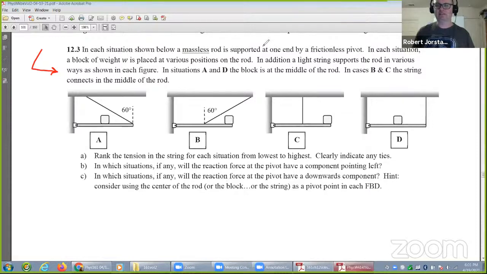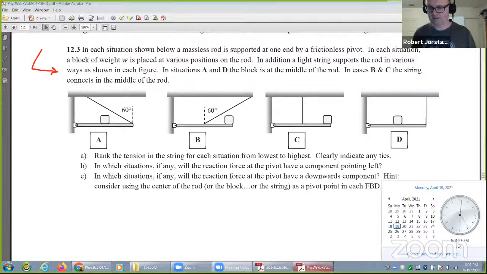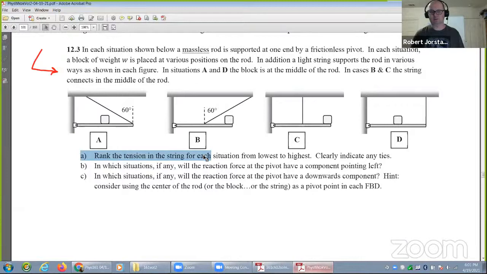So I want you to take a second, read this question, and on my clock it says 6:01:30. So let's just go to say 6:03:30. All right, I'm going to shut up and let you look at it. Maybe you can't rank them, but can you figure out what's the biggest, what's the smallest, and then try question B and C. So at least try to figure out which would be the biggest tension and smallest tension.